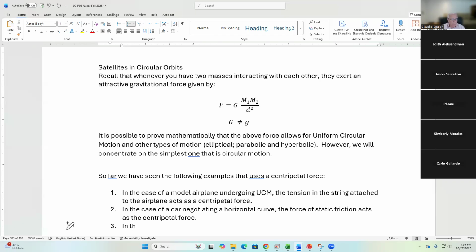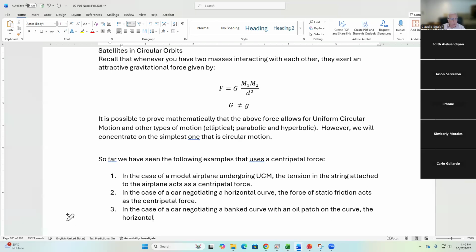Three, in the case of a car negotiating not a horizontal curve but a banked curve with an oil patch on the curve, the horizontal component of the normal acts as the centripetal force, right? And we have one more that we didn't do.